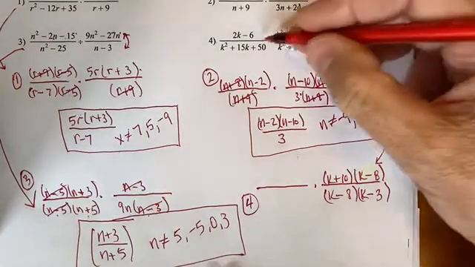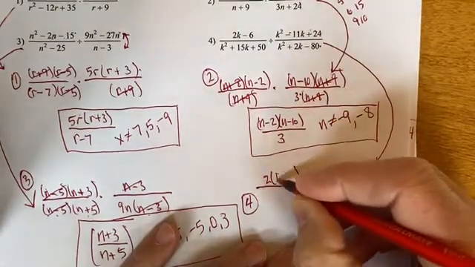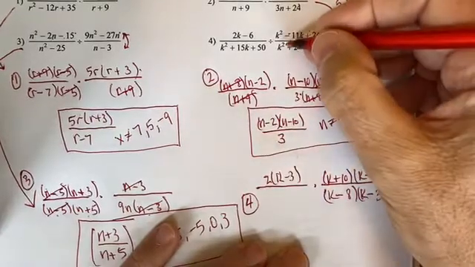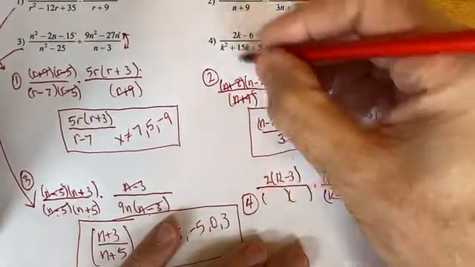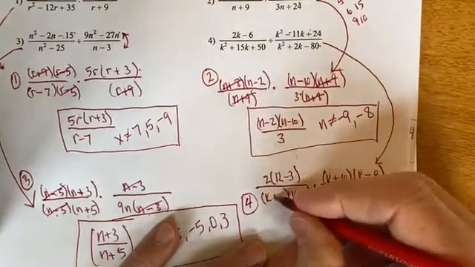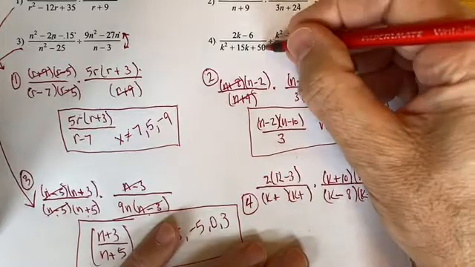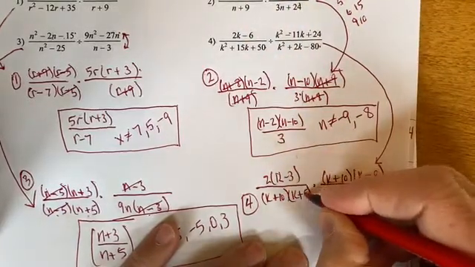Okay? And this one you don't have to flip. Just take a 2 out, k minus 3. And this factors with 2 sets of parentheses. They're both pluses, so they both drop down. Two numbers that multiply to 50 and add to 15, 10 and 5.